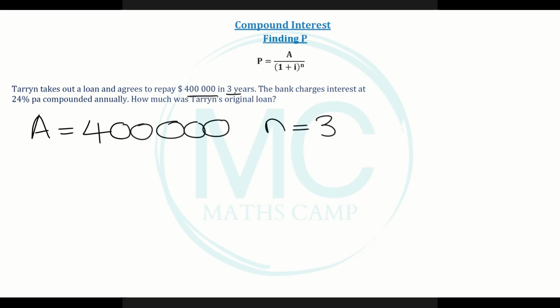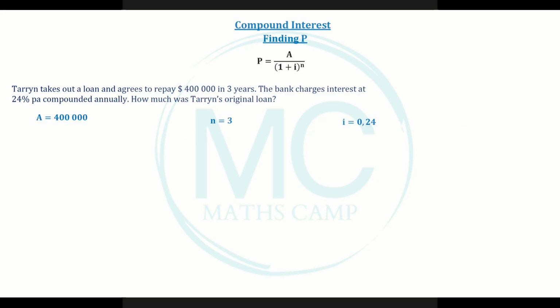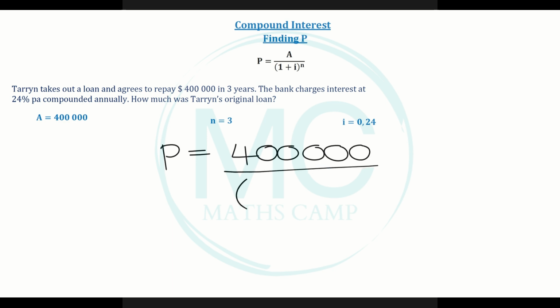The bank charges an interest rate of 24%. So to find I, we say 24 over 100 and we get 0.24. Now that we have these values, we can put them into the formula. So we say P is equal to A, 400,000, all over the bracket 1 plus the value of I, 0.24, to the power of N, which is 3.